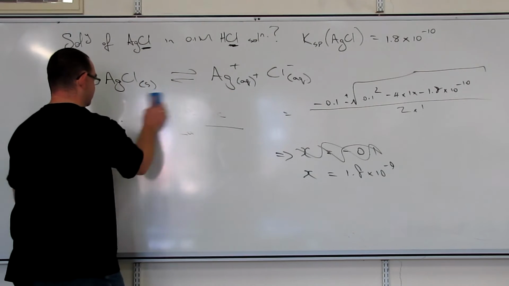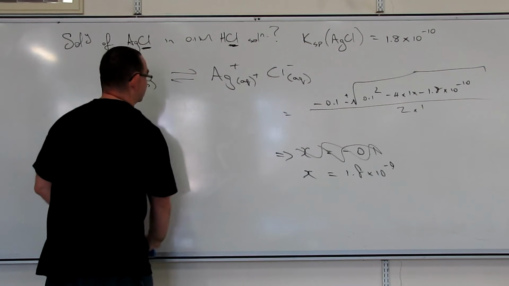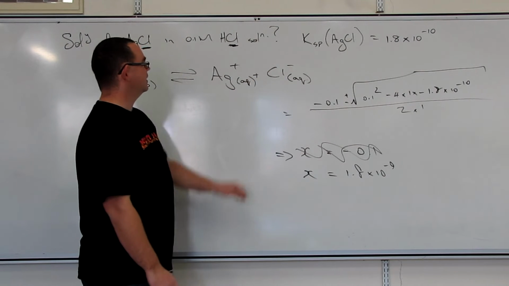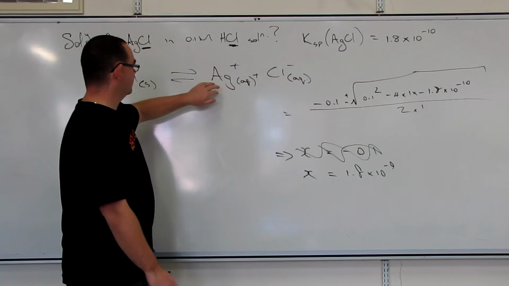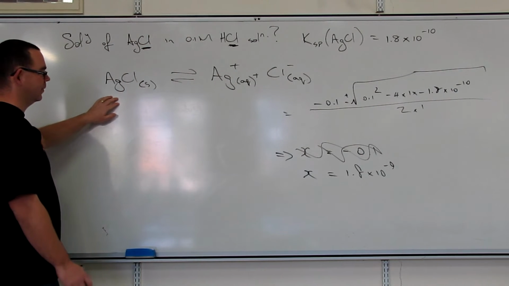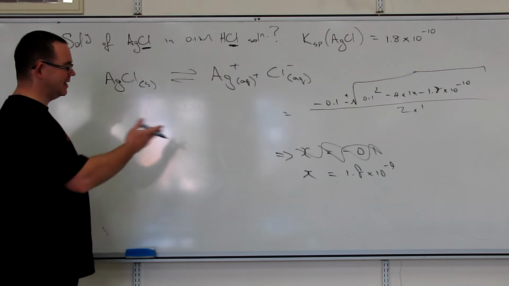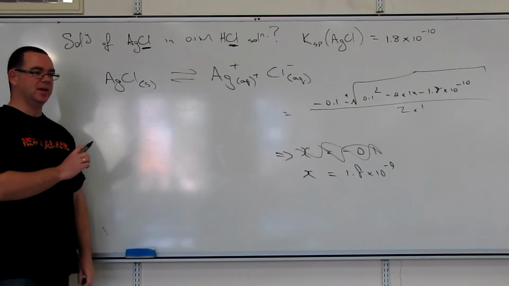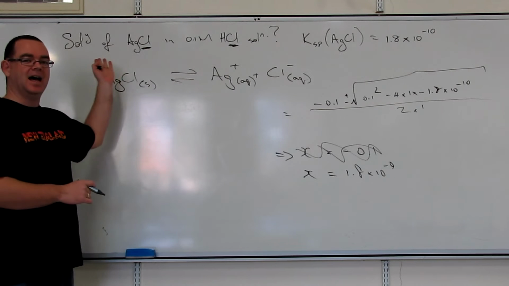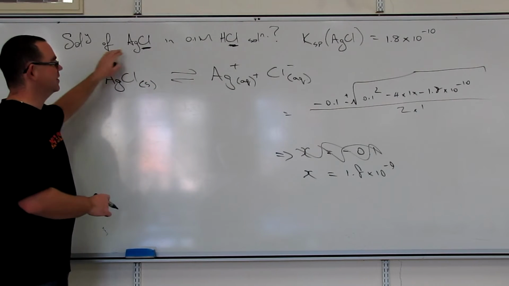Now earlier we said that, because the mole ratio is 1 to 1 to 1, the concentration of chloride ions is equal to the concentration of silver, which is equal to the concentration of the silver chloride. So you've solved for x and you're basically done, but you actually need to specify that this is the answer. You can't just say x equals that. The question didn't ask about x, it asked about the solubility.